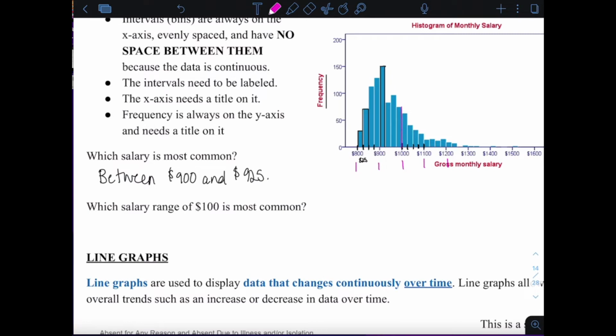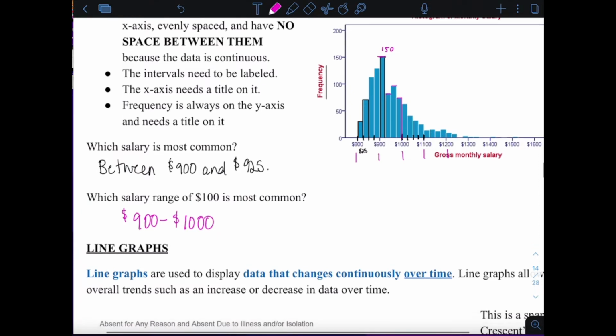But I can see that this looks like, you know, maybe 75. This is closer to 90, maybe closer to 80. And then we've got 150. I think it's pretty clear that the most frequent range is between 900 and 1,000. So it makes it really easy to compare when it's in a histogram or in a bar graph.